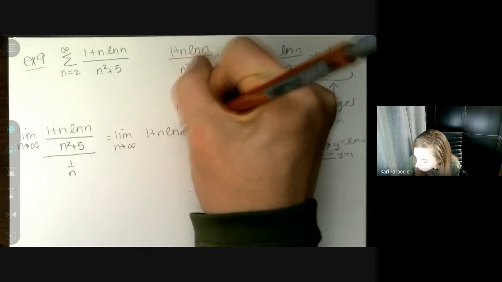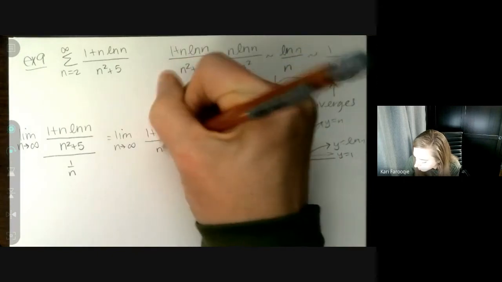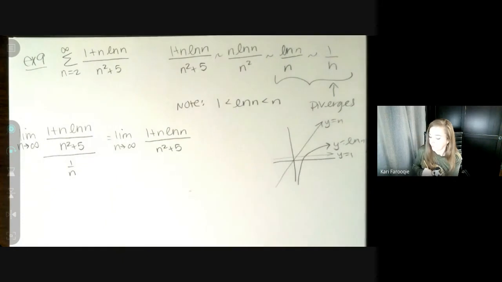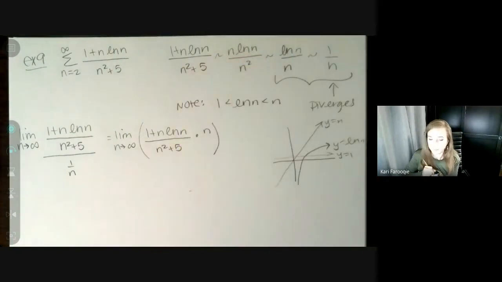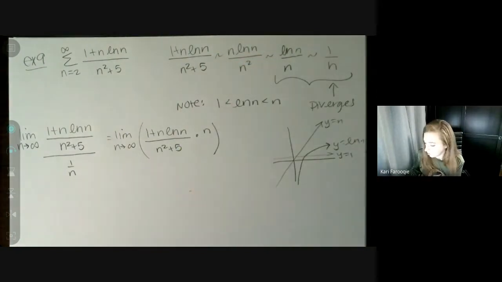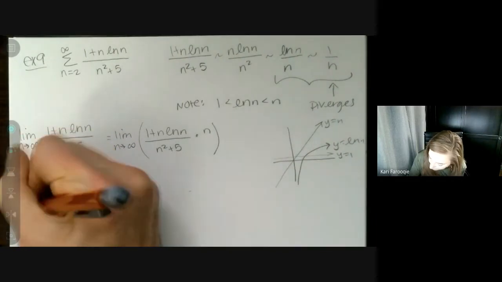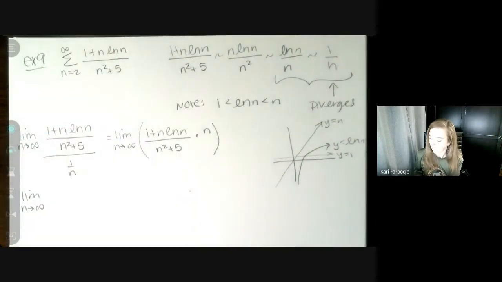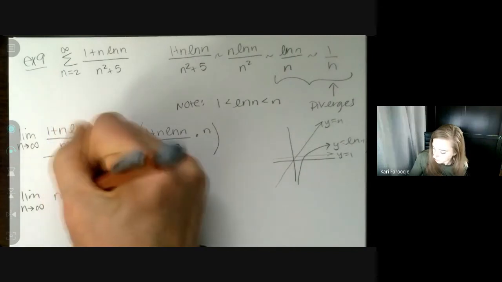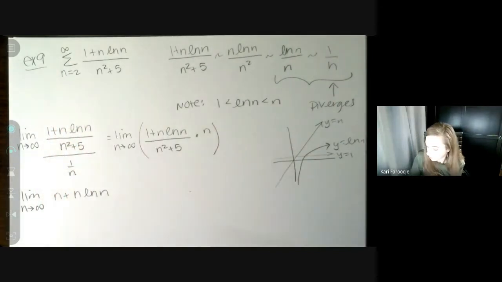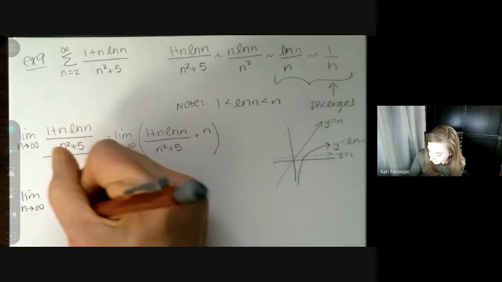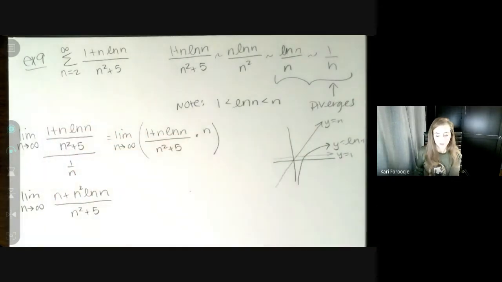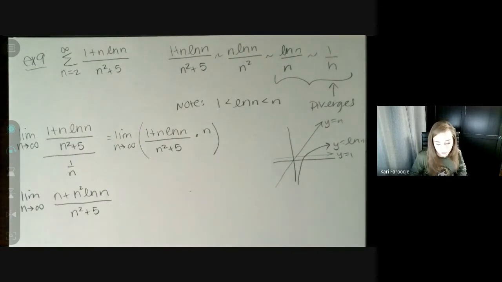I guess I'll show it in 2 steps. I was going to skip a step, but I'm going to show it in 2 steps. Don't want that n to get lost. So this is going to be n plus n squared natural log n divided by n squared plus 5.